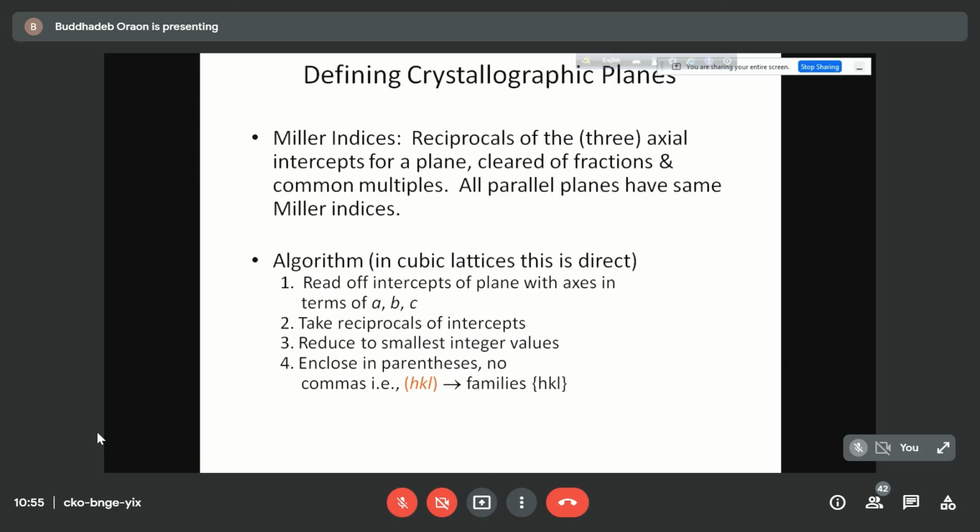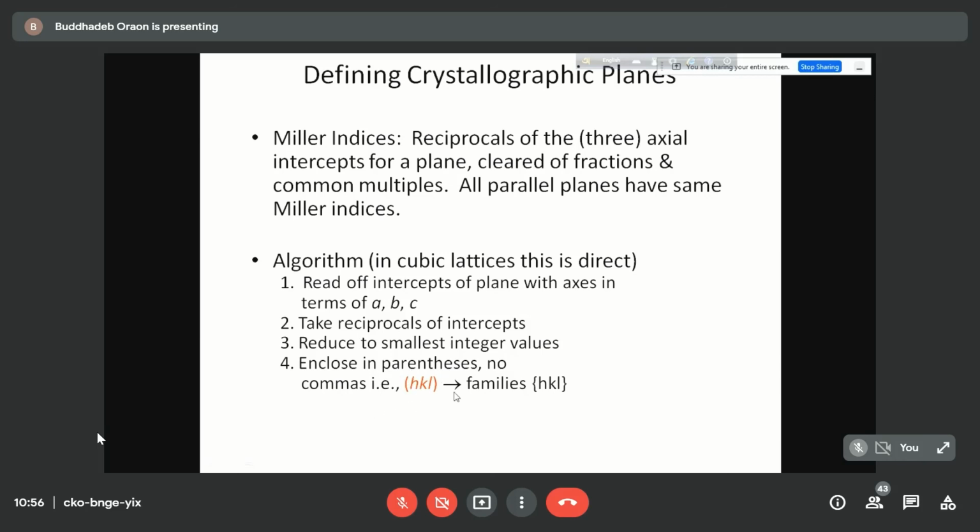So this is the Miller indices. We will see how to find them, and the steps that we take. Number one, read off the intercepts of the plane with the axes in terms of a, b, c. If a, b, c are different, take reciprocals, that is important here. Take reciprocals of the intercepts, reduce to smallest integer values, and enclose in parentheses, no commas.